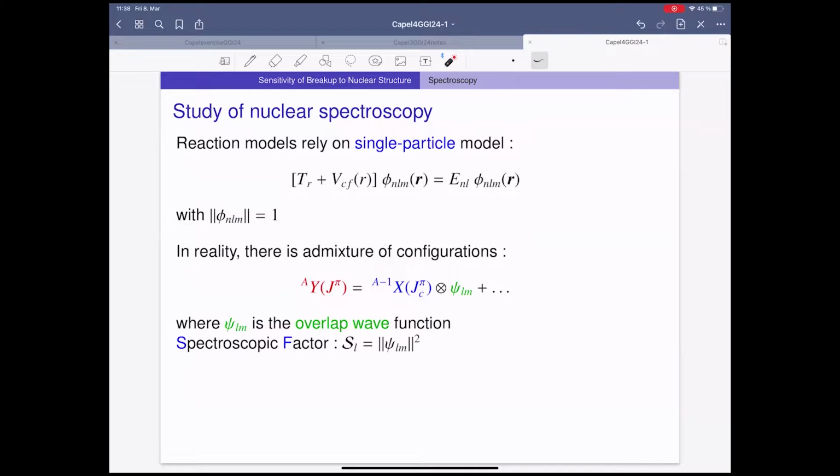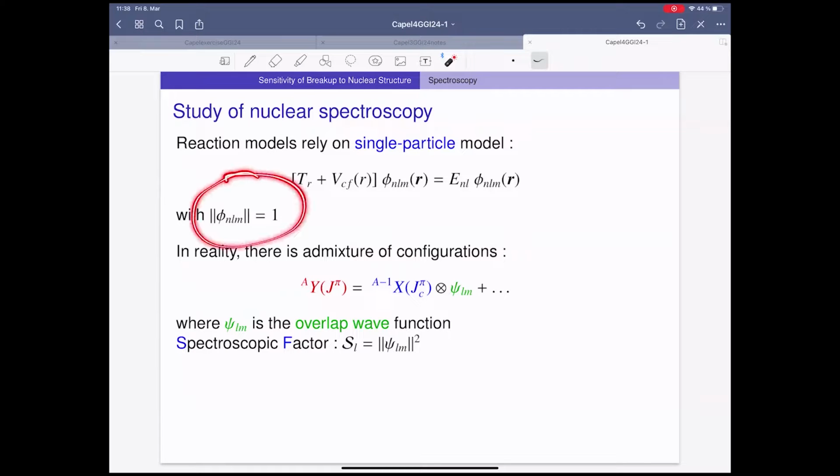And so what people have said is that these overlap wave functions are normalized to something which is lower than 1. And this norm of the overlap wave function is what we call the spectroscopic factor. So Gregor Hansen and Jeff Tostevin started to say, okay, that means we make an approximation.